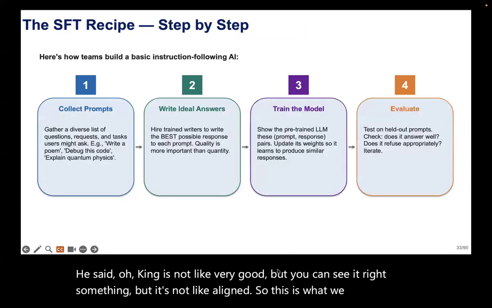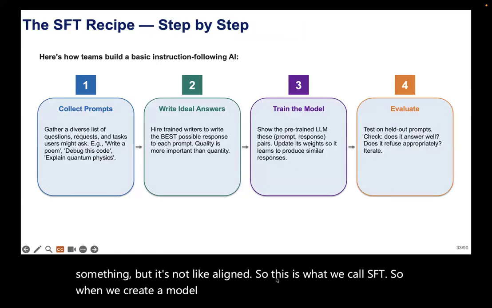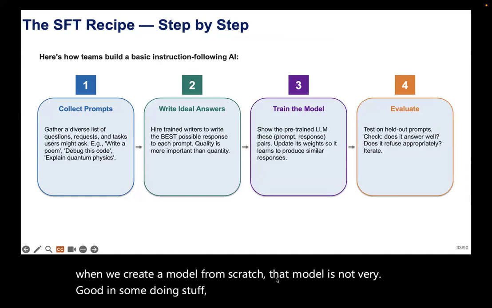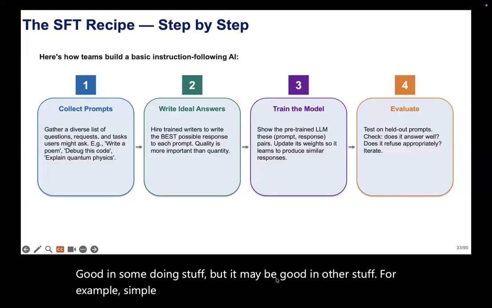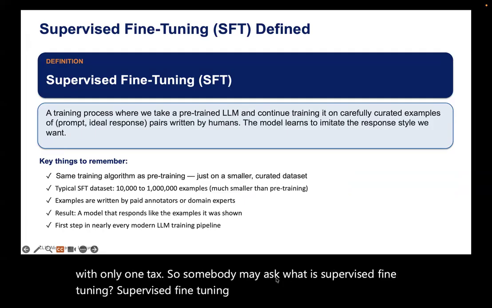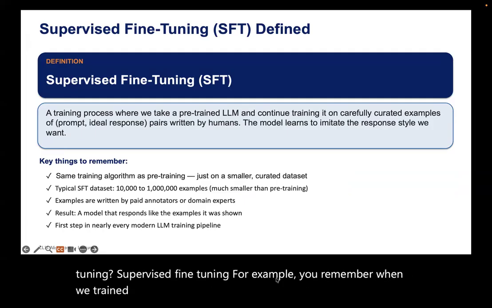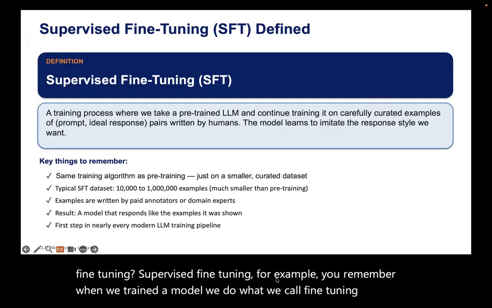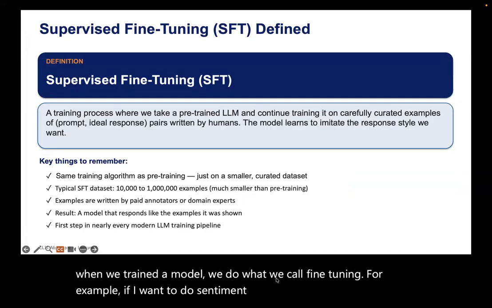When we create a model from scratch, that model is not very good at doing some things, but it may be good at other things. For example, for simple sentiment classification, we can fine tune it with only one task. So somebody may ask, what is supervised fine tuning? You remember when we train a model, we do what is called fine tuning. For example, if I want to do sentiment analysis, I get my data for sentiment analysis, for example, this is positive, this is negative.